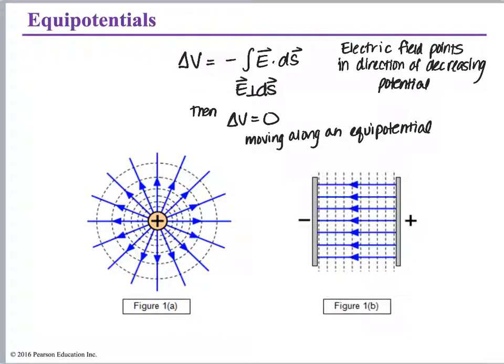So by definition, equipotentials are perpendicular to the electric field lines. And so that's what you see is true here.